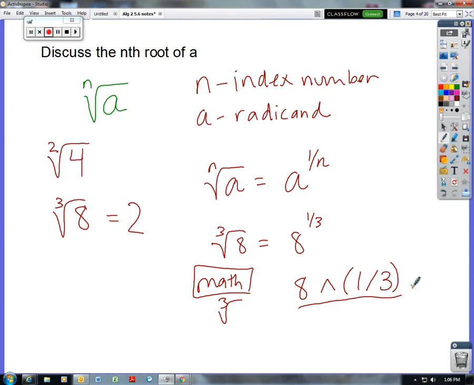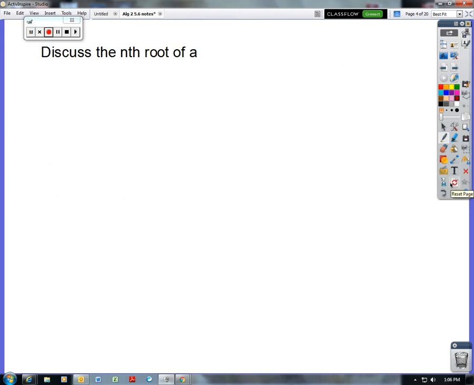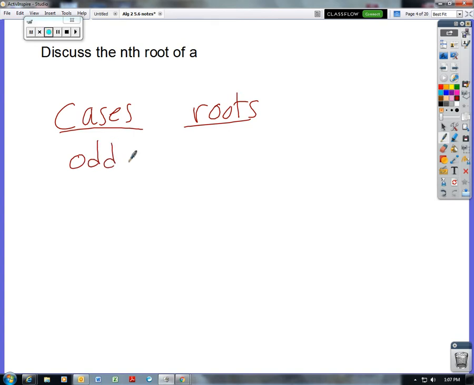Also, there's more here. I am going to have to clear off some space here. Let's just clear all the annotations. All right. There are 4 cases for roots. The first case is if there is an odd n. So like the cube root, for instance.